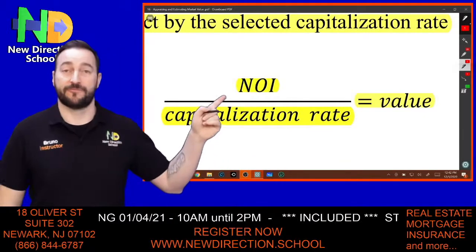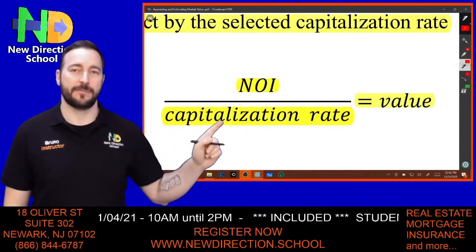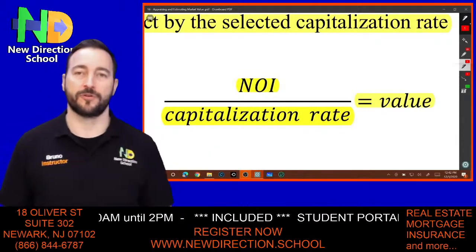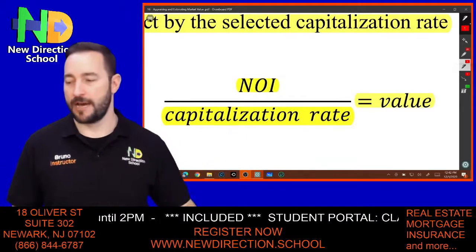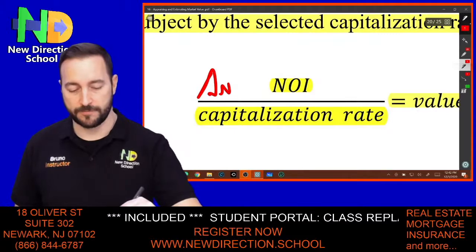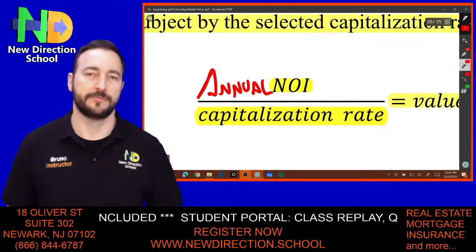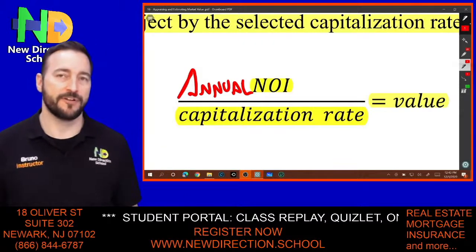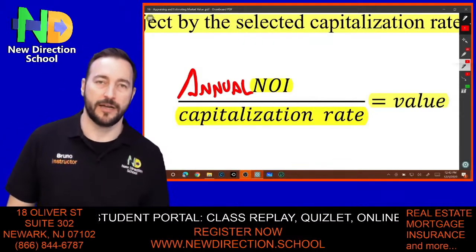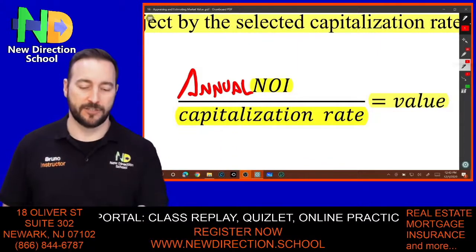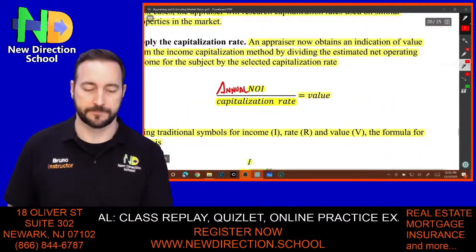But the formula is NOI divided by cap rate equals value. NOI, which is net operating income, divided by cap rate equals value. And by the way, this is annual NOI. So we always deal with annual NOI. If they ever give you a monthly NOI, you need to multiply by 12, because this calculation is based on annual NOI.